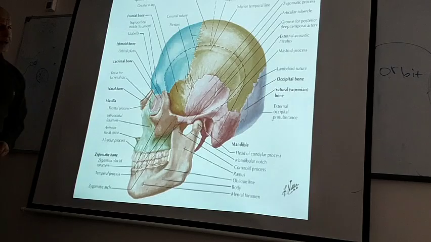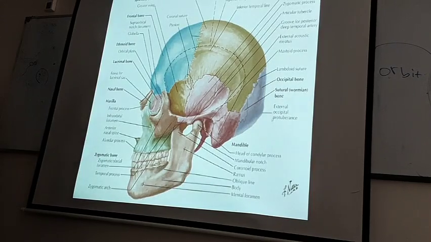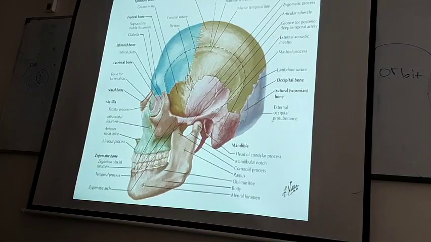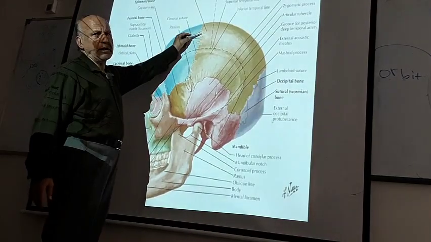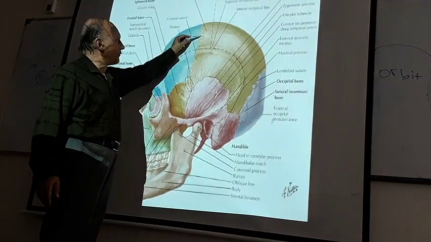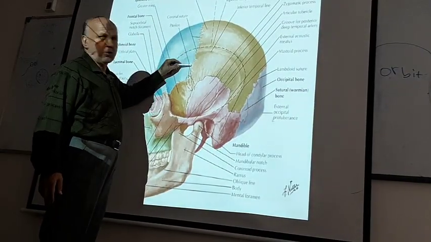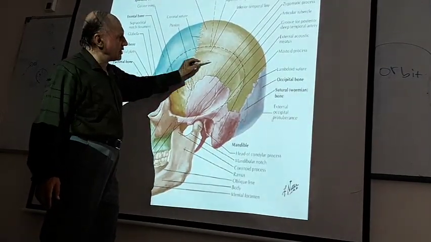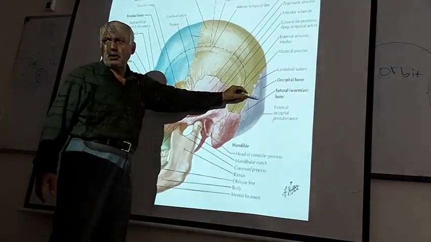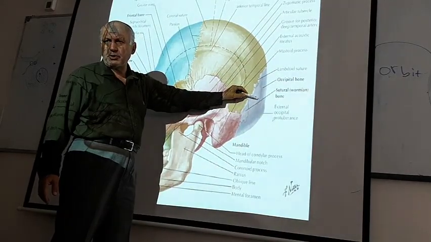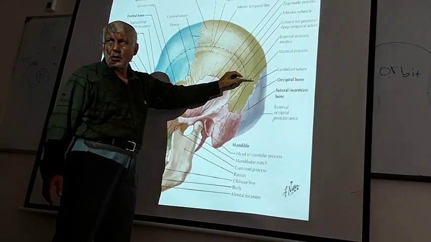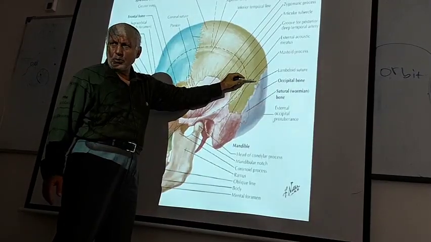The parietal bone has four borders. The anterior border articulates with the frontal and is named the frontal border. Here we have the coronal suture. The posterior border articulates with the occipital and is named the occipital border.